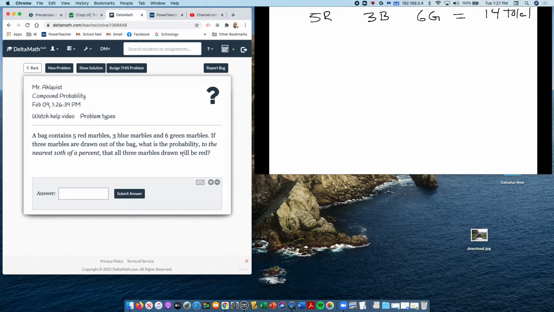If we drew a tree diagram on this, and I'm going to draw the tree diagram like this, we could pick a red one, a blue one, or a green one. Now we're supposed to pick again, because we're picking 3 marbles out of here.